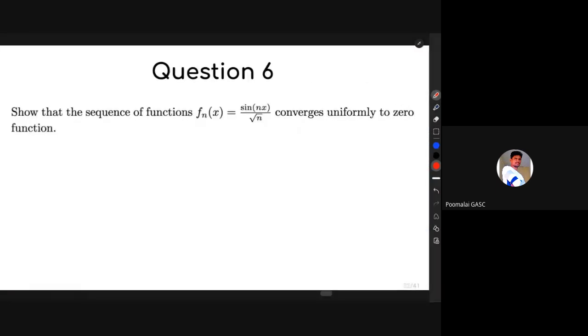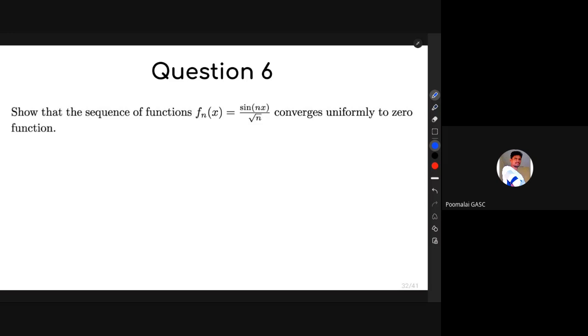Now let's move on to question number 6. In this question, we need to show that the sequence f_n(x) converges uniformly to the zero function. I'm not going to repeat the definition of uniform convergence. In this question, I will use a particular inequality involving the sine function.